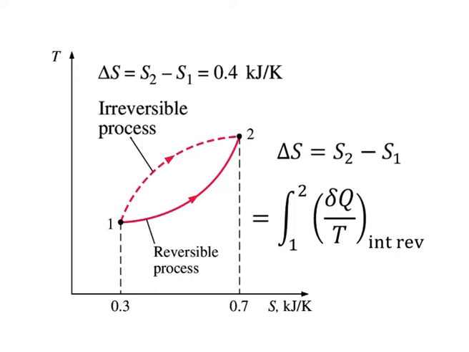Therefore, even for irreversible processes, the entropy change should be determined by carrying out this integration along some convenient imaginary internally reversible path between the specified states.